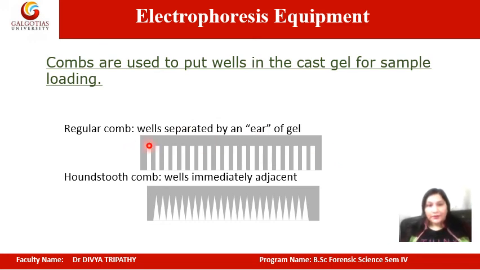The regular comb is used for wells separated by an area of gel, and the second one is the houndstooth comb, with wells immediately adjacent to each other. The grooves formed by the regular comb have some distance between them, whereas the wells formed by the houndstooth comb are very near to each other, and this can be used for preparative gel electrophoresis, while the regular comb is for analytical purposes.